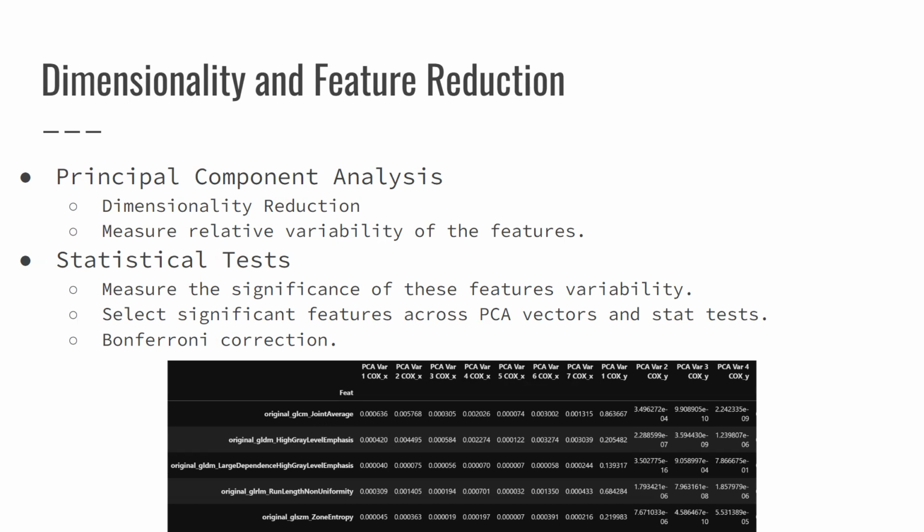Now, before I mentioned that we're selecting features to be our input variables. Which features are we selecting? Well, we're selecting the significant features. How are we going to do this? We're going to be doing it by reducing the dimensionality of the data through principal component analysis to measure the relative variability of the features. What does this mean?